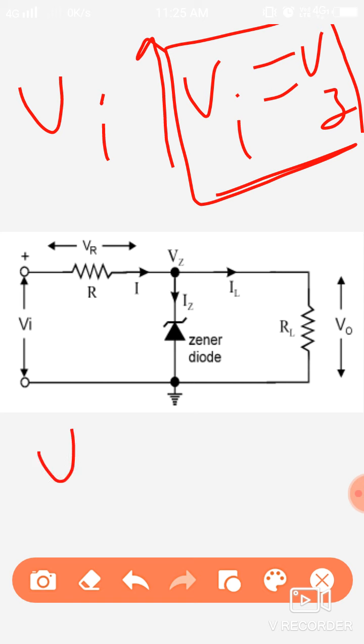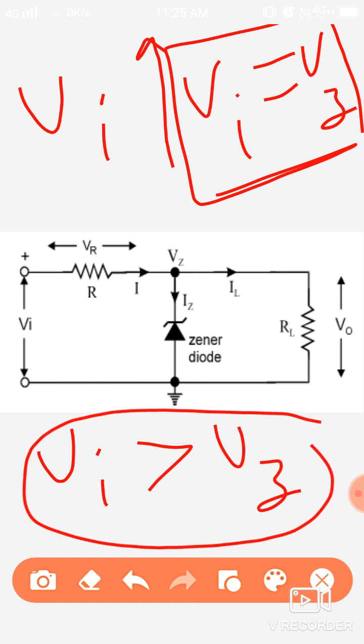But when Vi starts to become higher than Vz, in this condition the Zener diode is in reverse bias between this point.